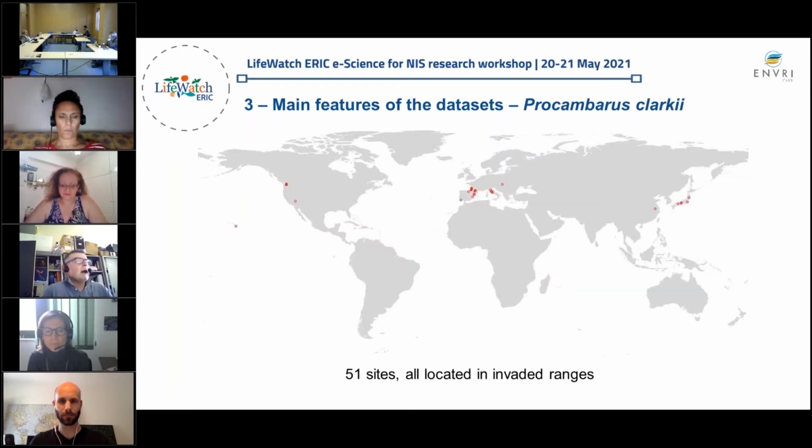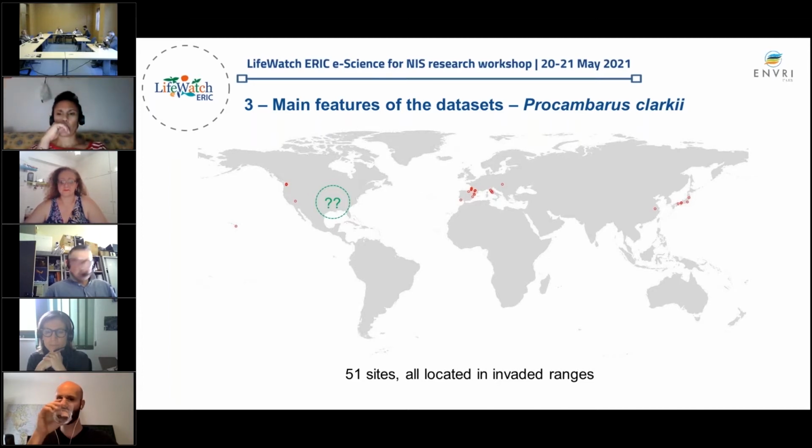These are the locations for Procambarus clarkii, 51 sites, all located in invaded ranges. This is quite odd, actually. The scrutiny of the literature did not produce any information on populations from Louisiana or from the southern states of the United States.